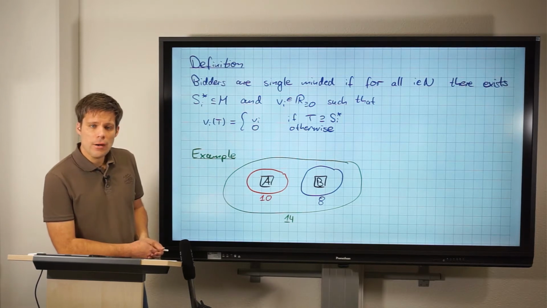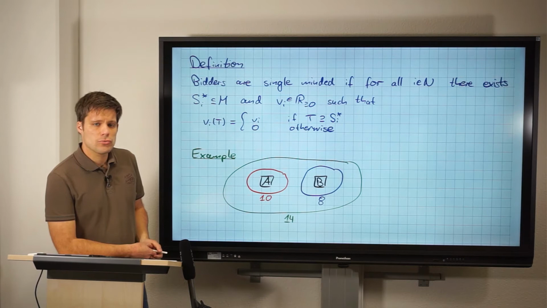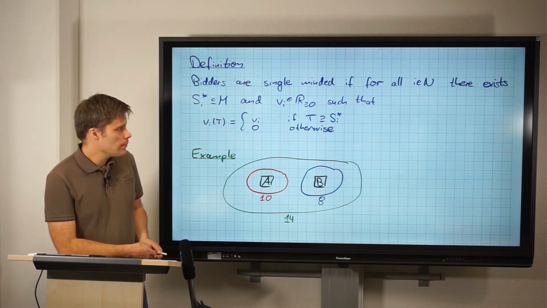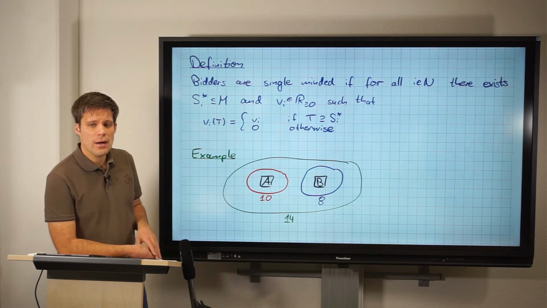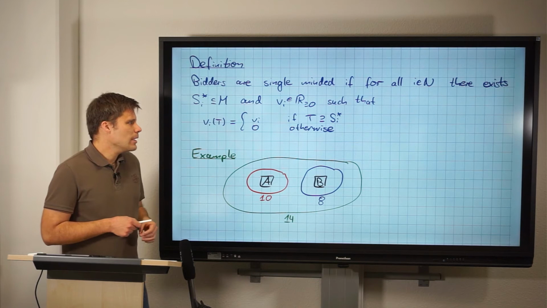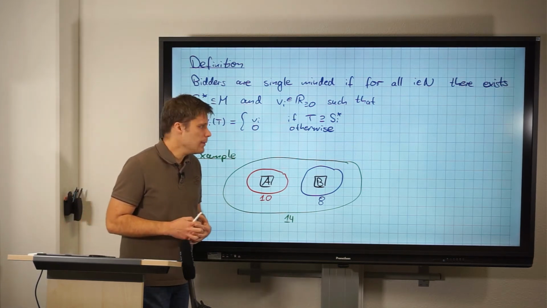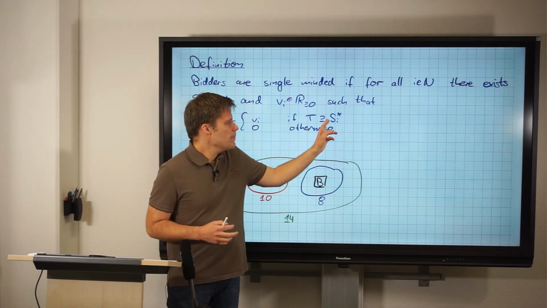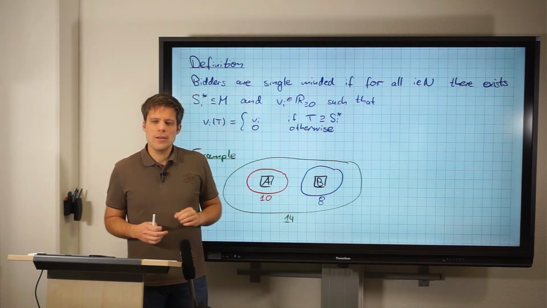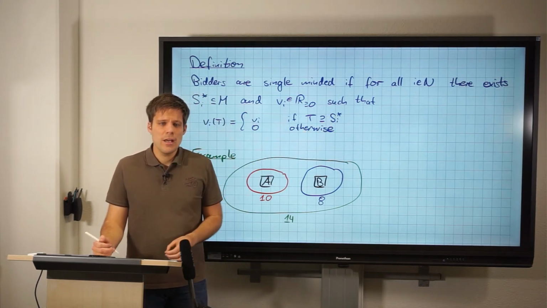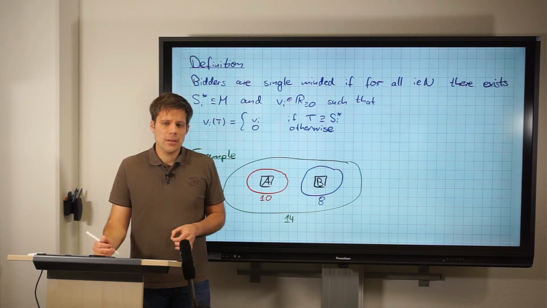Good. Now our goal is to design a mechanism for this setting. As you remember, these valuations are private. Well, we will now make our life easy, although this is strictly not necessary. We will assume that we already know these sets S_i star, that those are actually public knowledge.